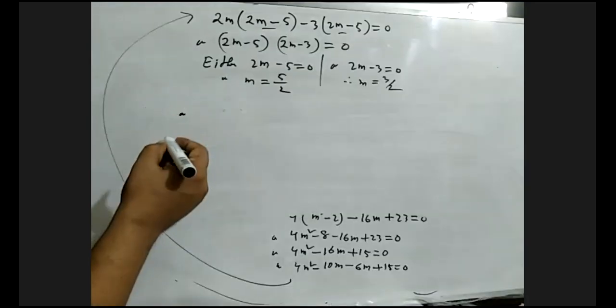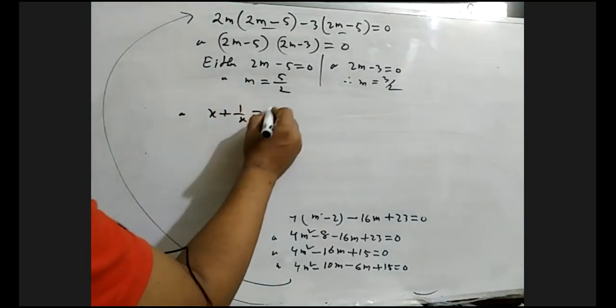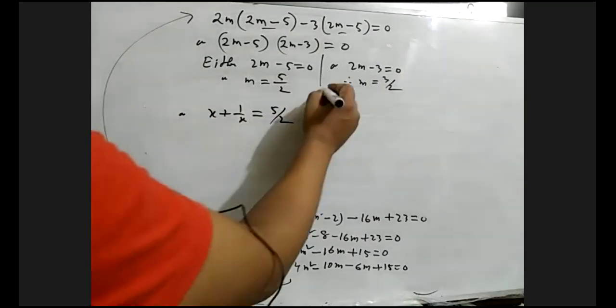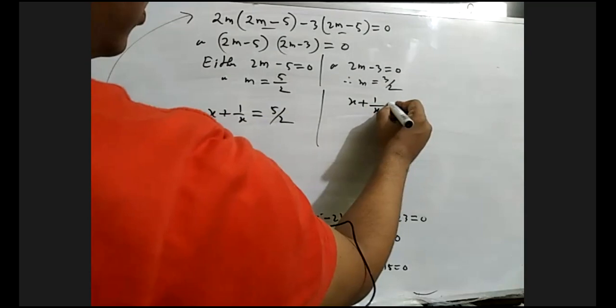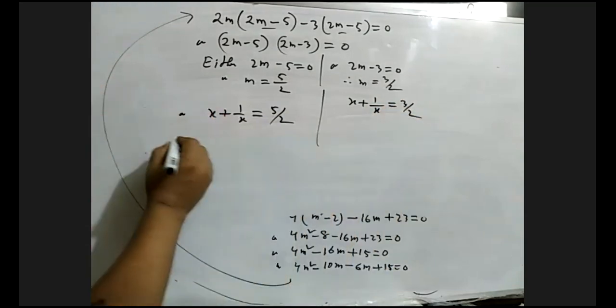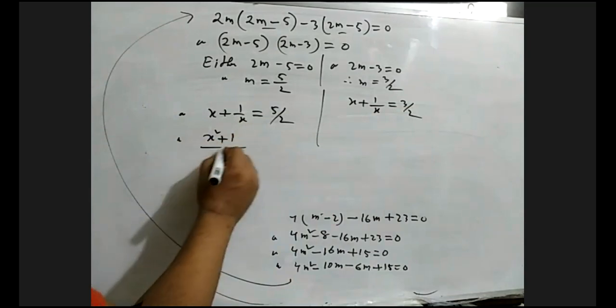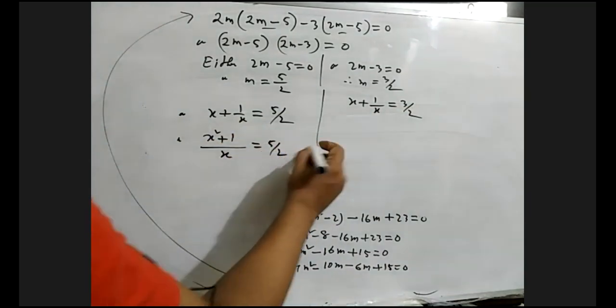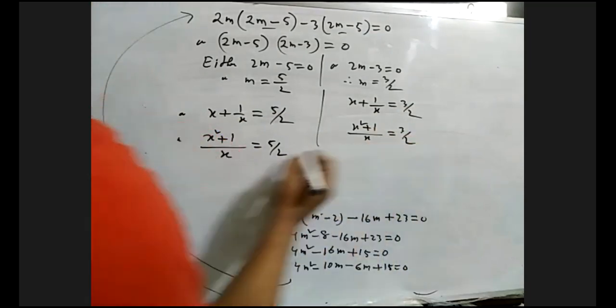Now putting the value of m, x plus 1 by x equals to 5 by 2. Similarly here x plus 1 by x equals to m, 3 by 2. So by taking LCM we can write x square plus 1 divided by x equals to 5 by 2. Here also x square plus 1 divided by x equals to 3 by 2.